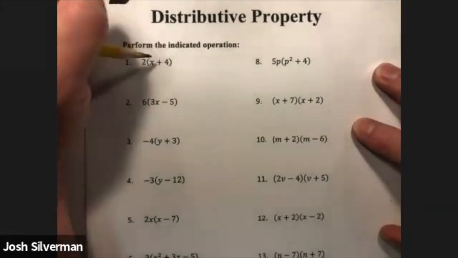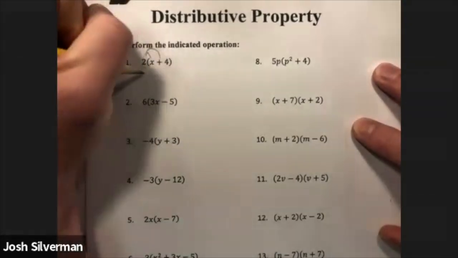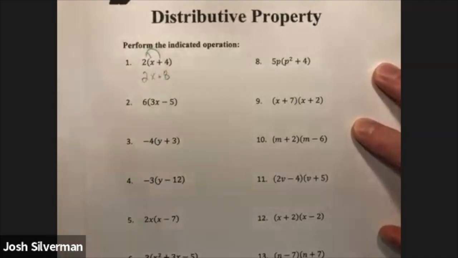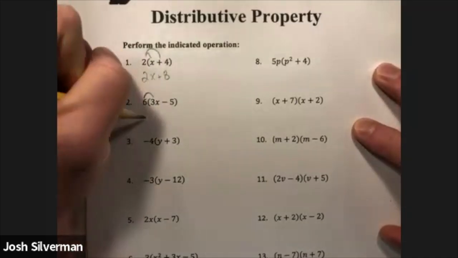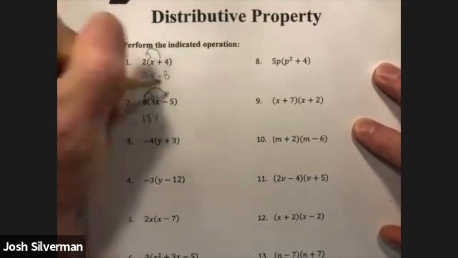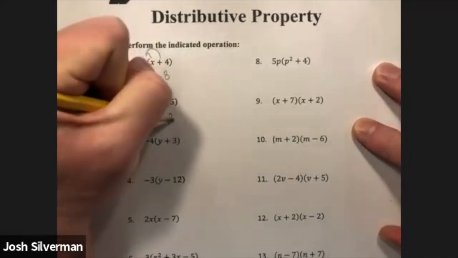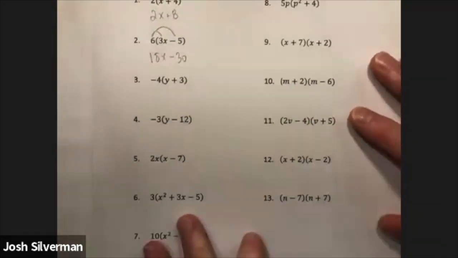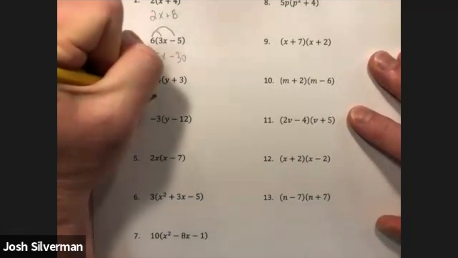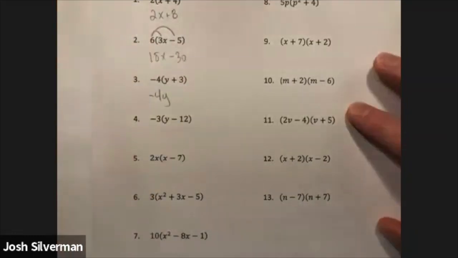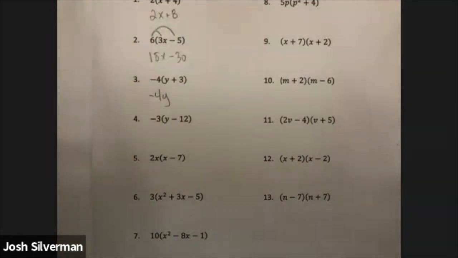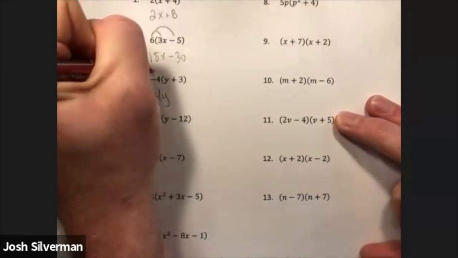Number 1, 2 times x, 2 times 4, 2x plus 8. Number 2, 6 times 3x, 6 times minus 5, and we're done. Number 3, negative 4y. Now, you got to be careful here because this is the number 1 mistake in all of algebra.